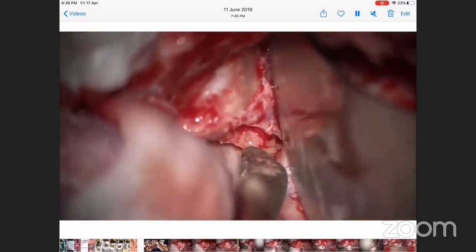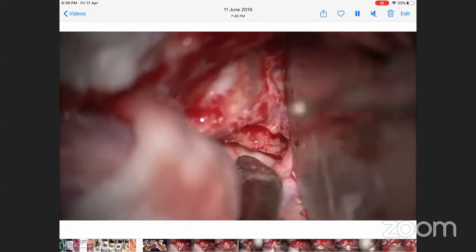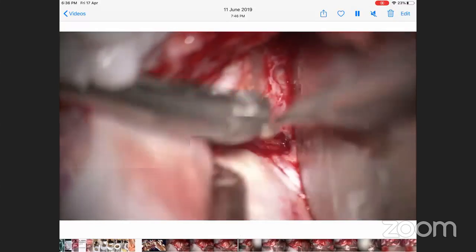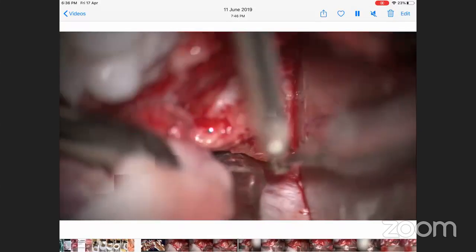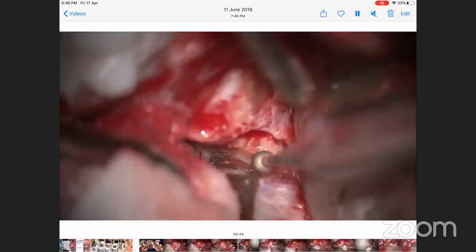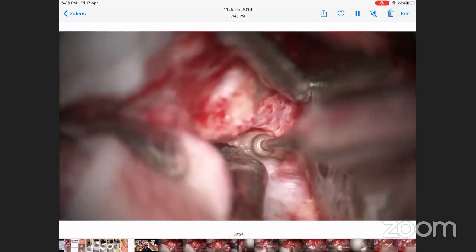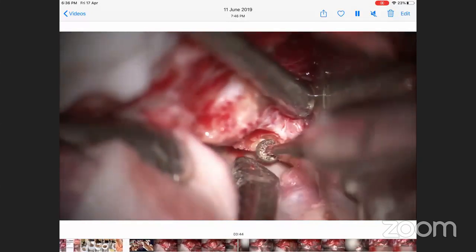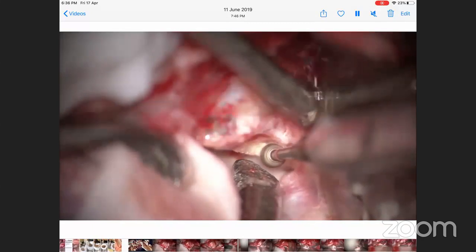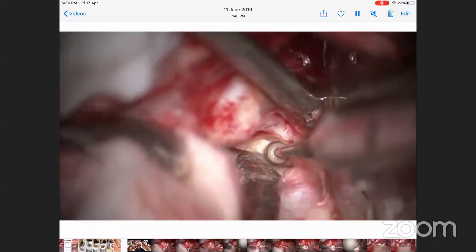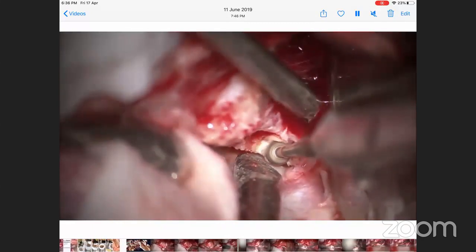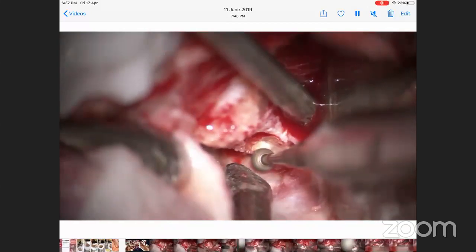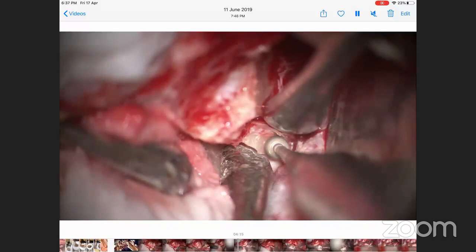So we are going on removing bone using a 2 millimeter drill there. What Professor Goyal was talking about regarding drilling is very true. You have to know the pressure of the drilling at each time. At very high magnification, you need extremely low pressure.